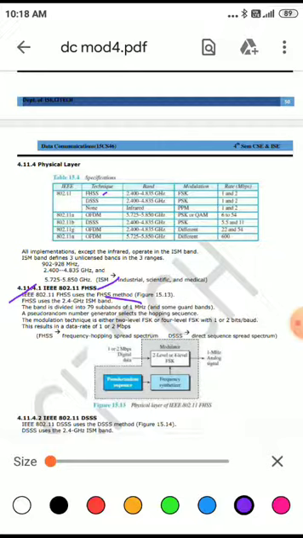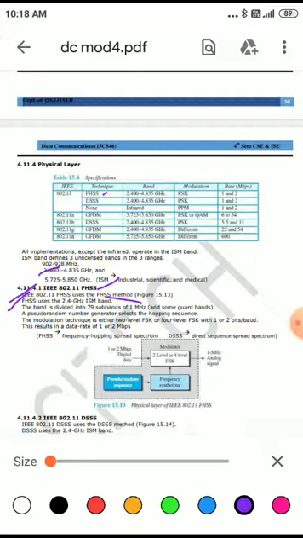Frequency hopping spread spectrum. You can see this figure represents the physical layer of IEEE 802.11 FHSS. It uses the FHSS mode, meaning this physical layer uses the frequency hopping spread spectrum method. FHSS uses the 2.4 gigahertz ISM band. It is going to use the second range of the ISM band.